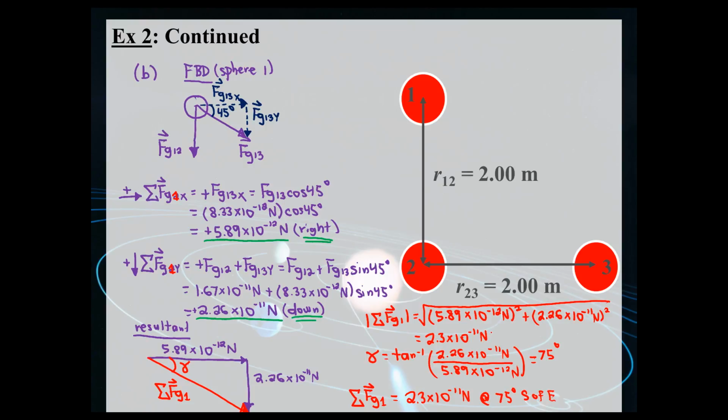Or we could write it in RCS notation just by going 360 subtract that angle. So we could also write it as 360 minus 75, which would be 285. Or the other way of writing it in the compass notation would be 15 degrees east of south.